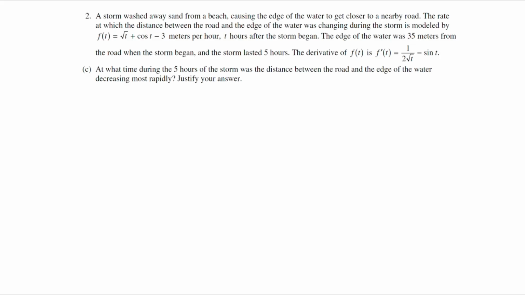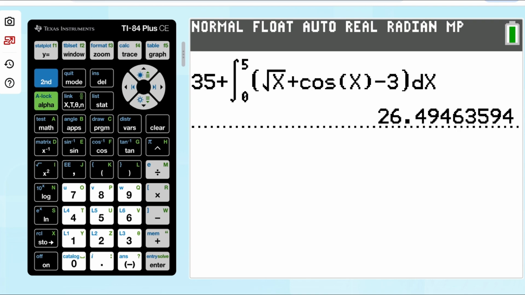So what we're going to do here is take f prime of t and set it equal to 0, because that's when we can have a minimum or a maximum. And we'll just use our graphing calculator to do that.